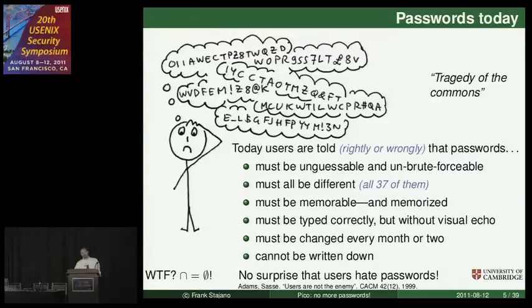So we could also observe from the viewpoint of economics that passwords are a bit of a tragedy of the commons. Tragedy of the commons is that phenomenon where you have commons where you can graze your cows, and anybody in the village is free to bring a cow, and they can just graze the grass that is there.